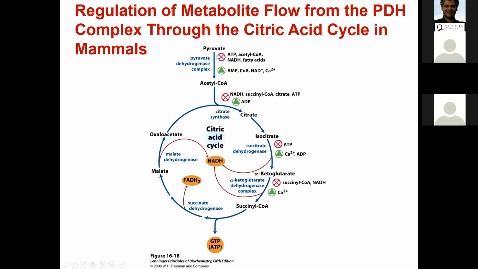So that makes sense that PDH is inhibited in those cases. And when these ratios decrease, pyruvate dehydrogenase complex will be activated allosterically. And those ligands are shown here: AMP, coenzyme A, NAD+, and calcium too.